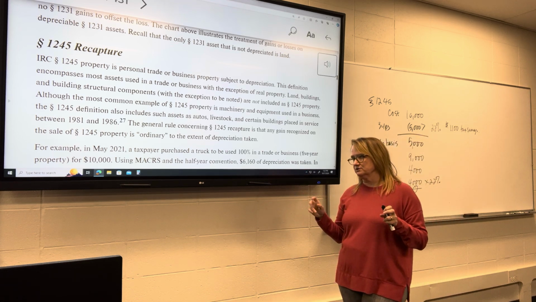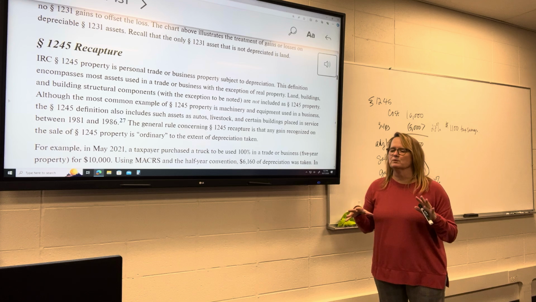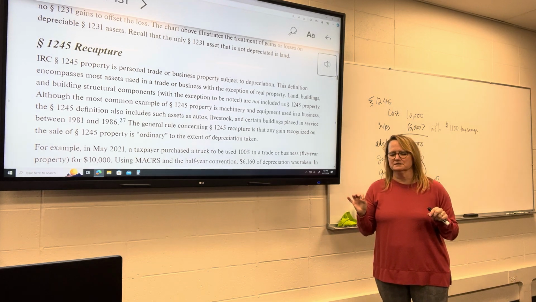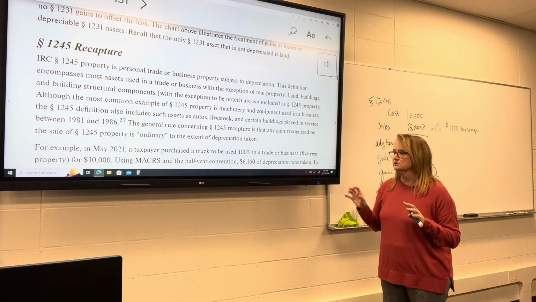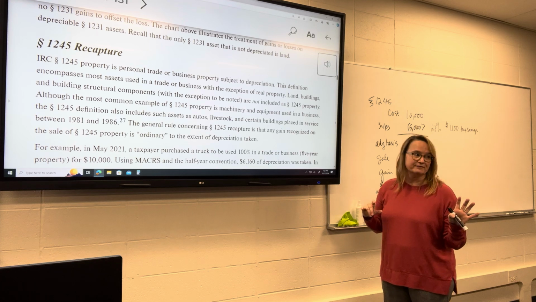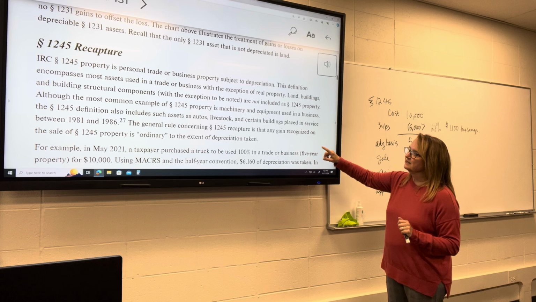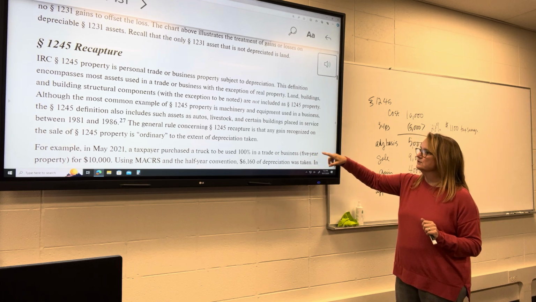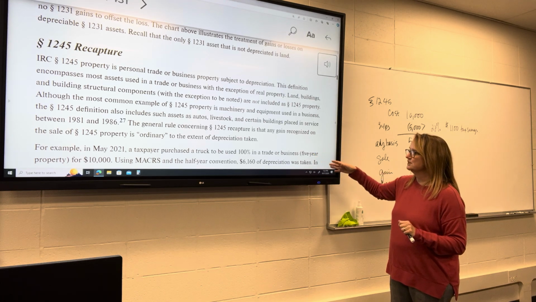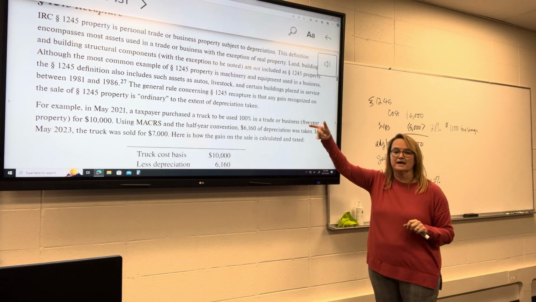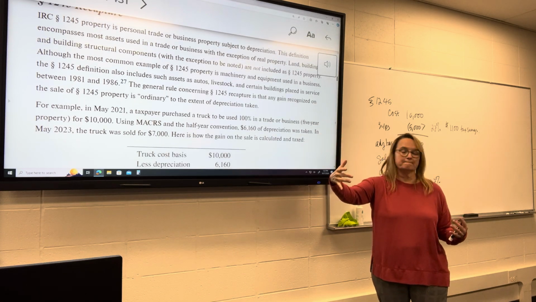That's back when they did not have straight line depreciation, so those are kind of special. Don't worry about that. You're not going to have any problems on those. Any gain recognized on the sale is ordinary up to the amount of depreciation taken, and then anything over and above that is going to be capital gain.